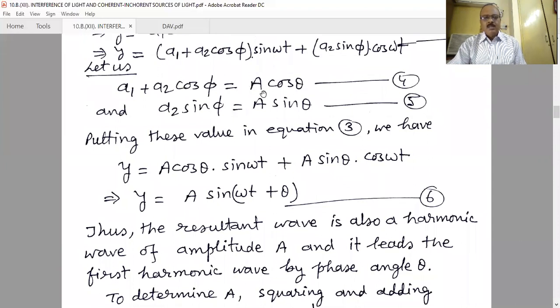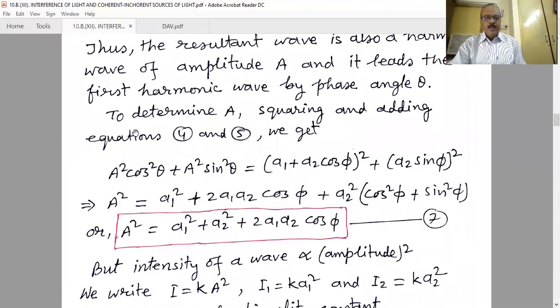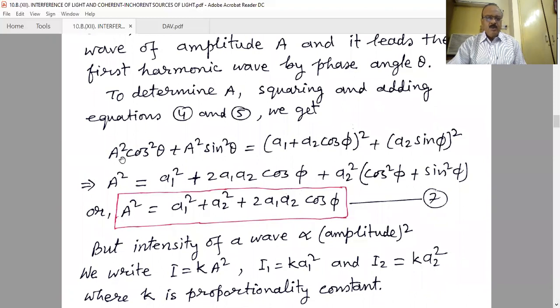If we add after squaring equations 4 and 5, that means to determine A, squaring and adding equations 4 and 5, we get A square cos square theta on the left, and on the right hand side (a1 plus a2 cos phi) whole square, plus A square sin square theta, that means plus (a2 sin phi) whole square. On the left hand side, if you take A square common, we have cos square theta plus sin square theta, that is 1.